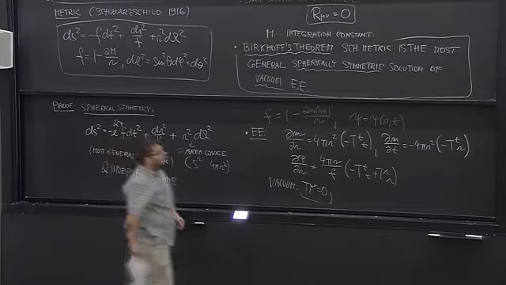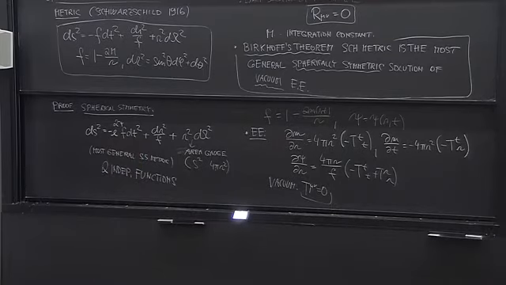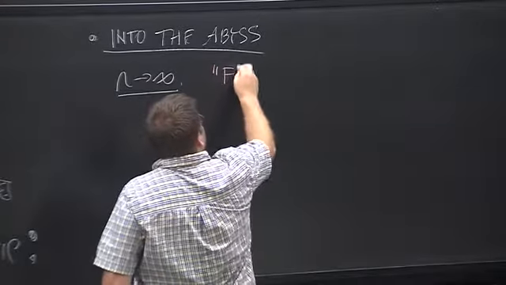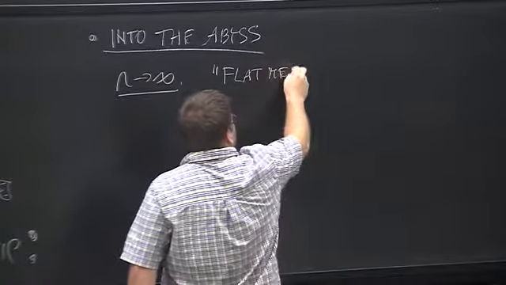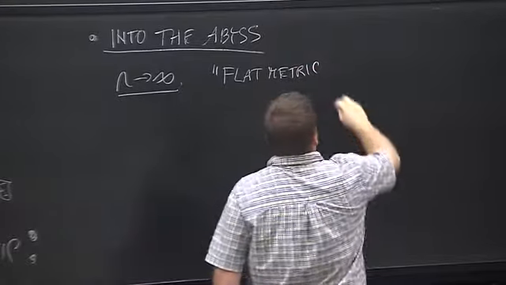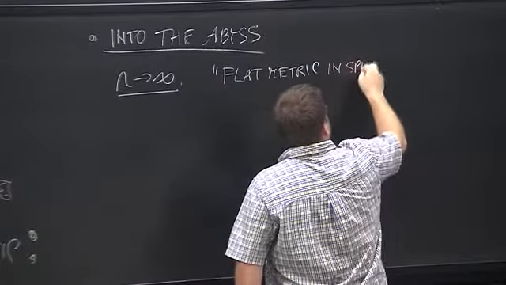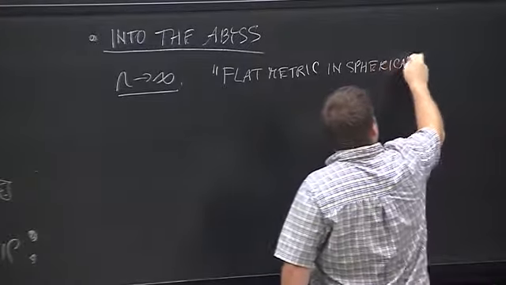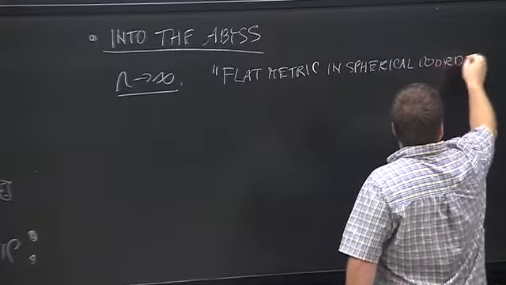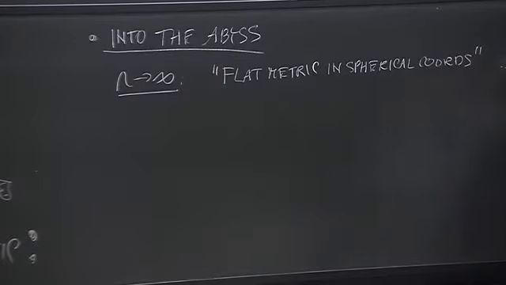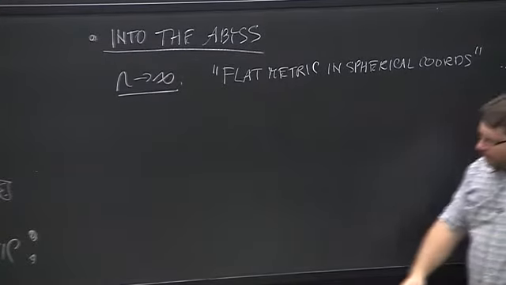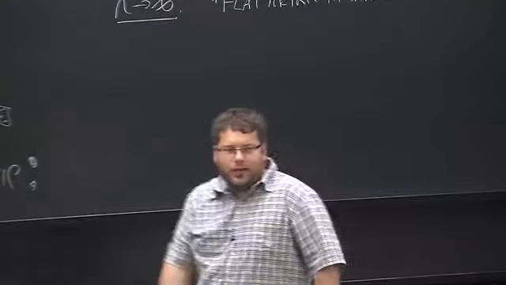So we basically recover the flat Minkowski metric in spherical coordinates. In other words, the solution is asymptotically flat. That's the term people use. When you asymptote to infinity, you just get flat spacetime.